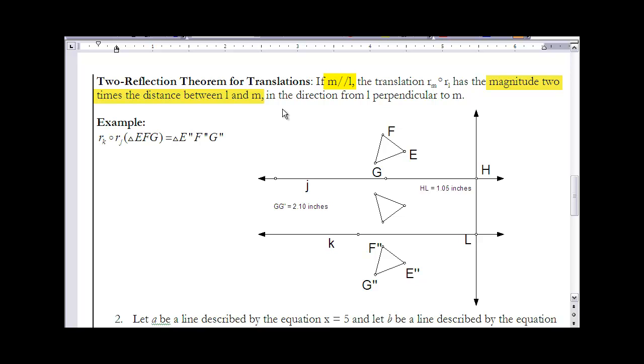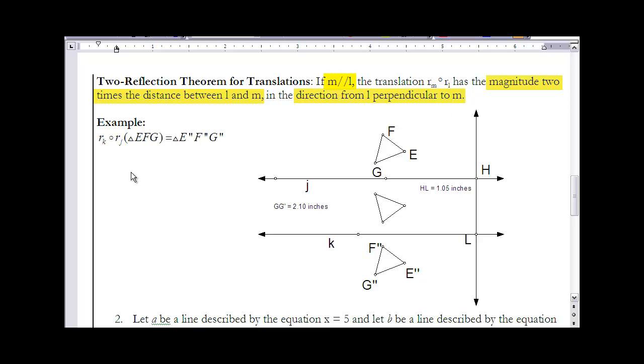Whatever the distance between the two lines is, we double it to get the magnitude of that translation. And the direction will always be from L perpendicular to M, in other words, from the first line towards the second line, perpendicular to those two lines.